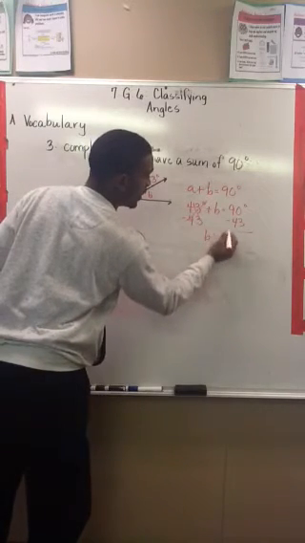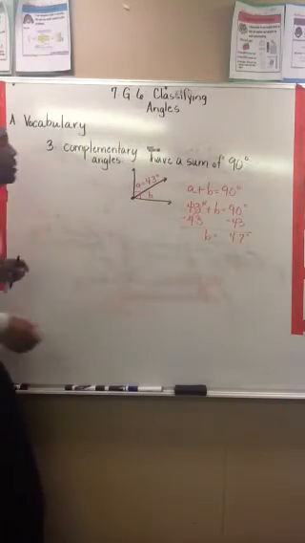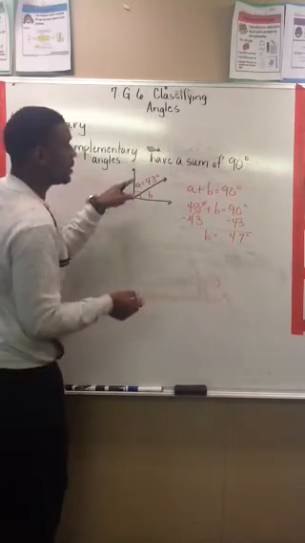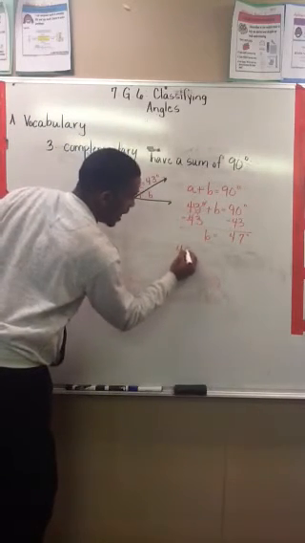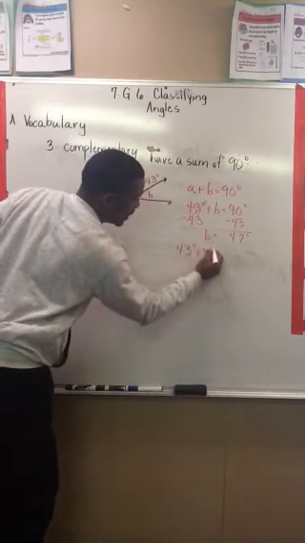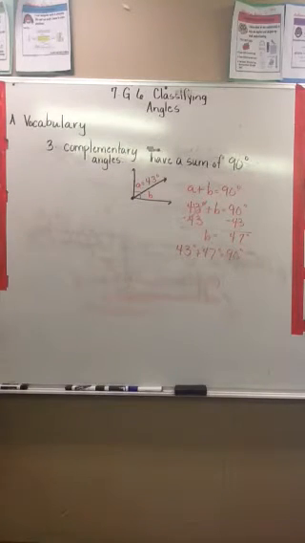is that algebra again. Have to be 47 degrees. So B would have to be 47 degrees. So the sum of these angles to get 90 have to add up to 90 degrees. And if I use the inverse operation and add the angles together, I should get what I began with, which was 90.